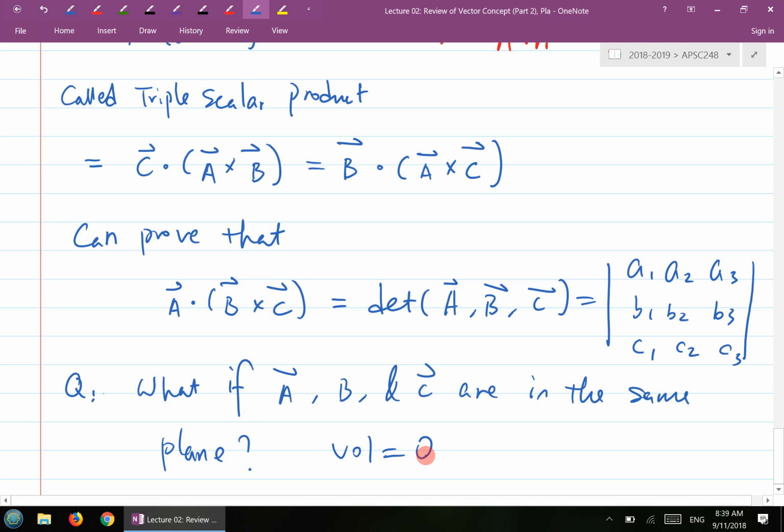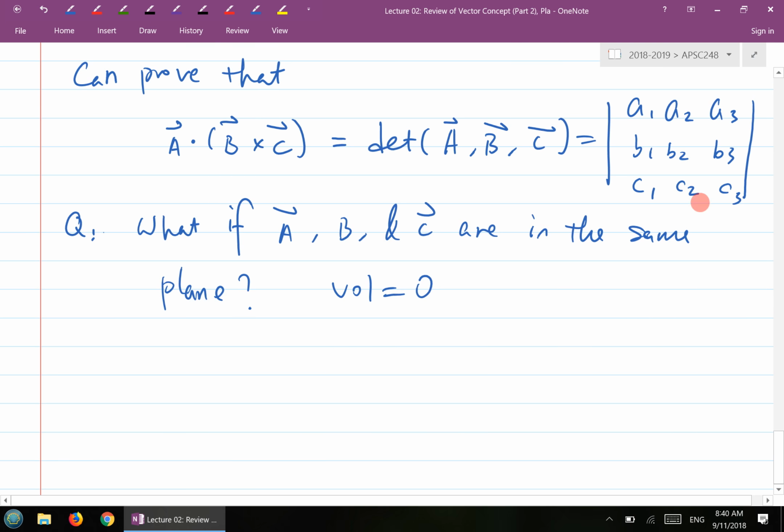All right. Any questions so far? It's all good. Okay. So we're pretty smooth. So now let's take a look at the next topic. What's the equation of a plane in 3D space?